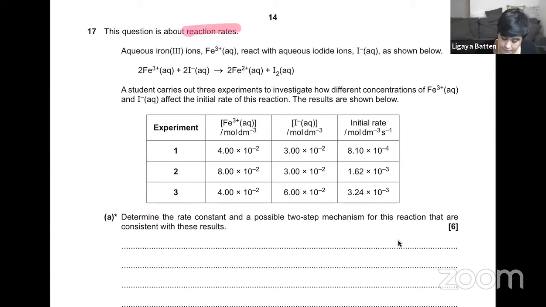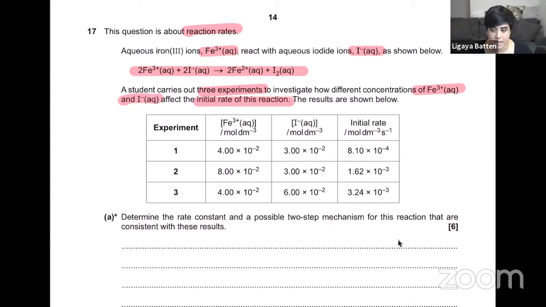We have aqueous Fe3+ ions reacting with aqueous iodide ions, and we've been given the overall equation there. The student carries out 3 experiments to investigate how different concentrations of Fe3+ and I- affect the initial rate of the reaction, and the results are shown in the table.